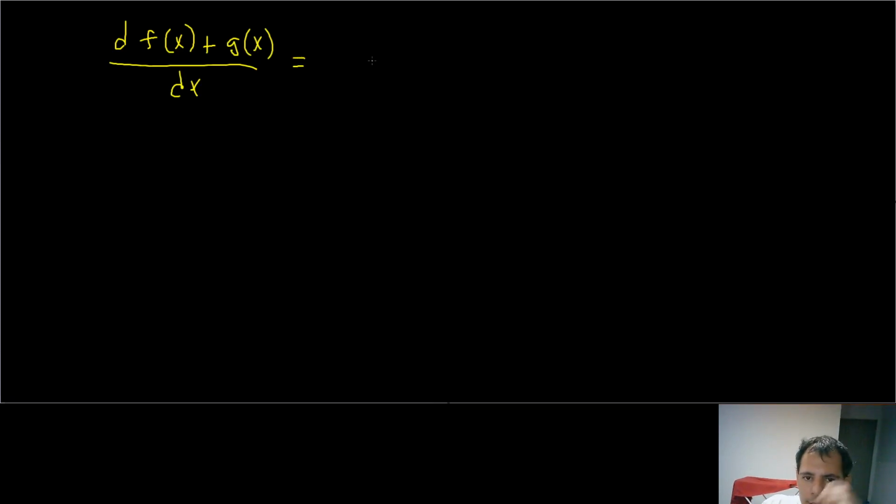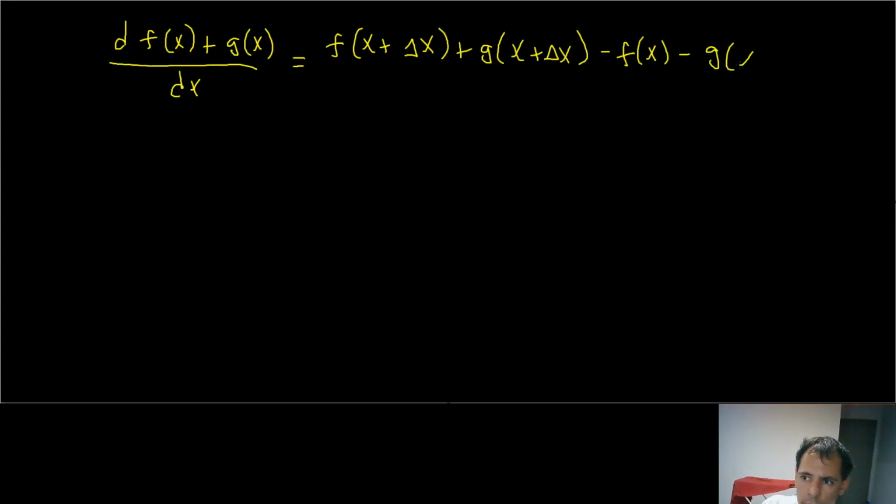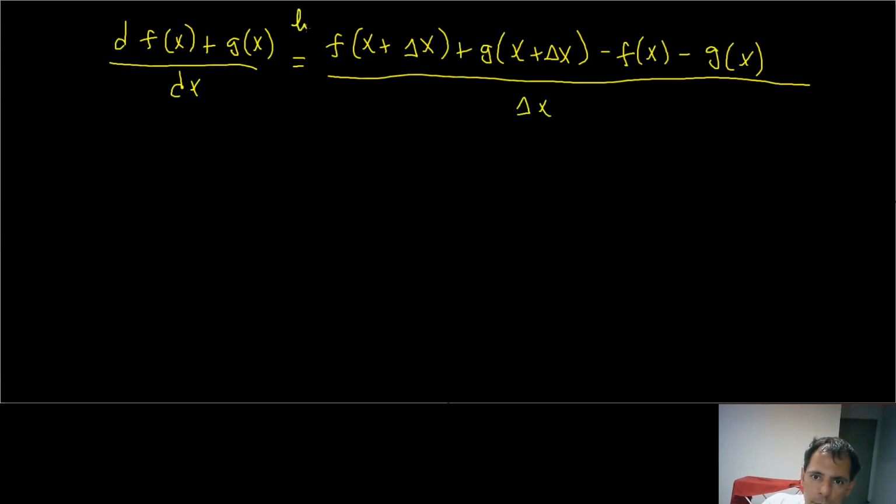The differentiation of this is just going to be f of x plus delta x plus g of x plus delta x minus f of x minus g of x, all this over delta x. And it's going to be the limit, right? I'm always forgetting to put this limit here. The limit of all this as delta x goes to 0.